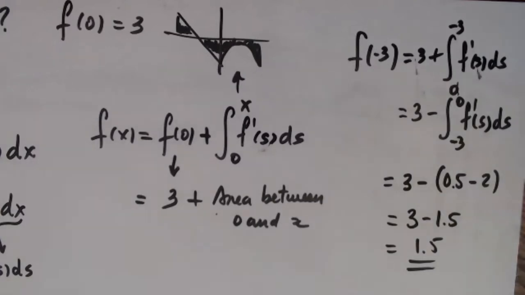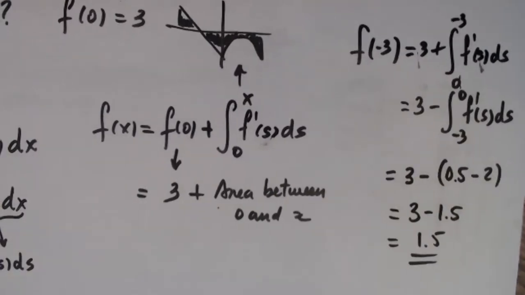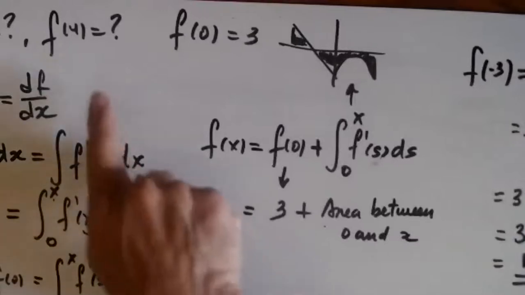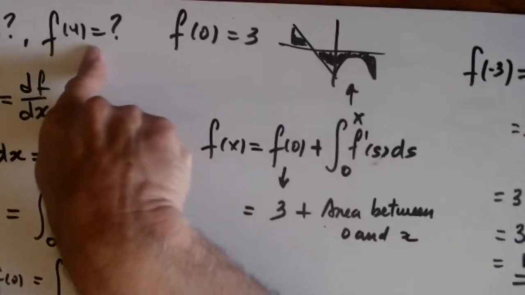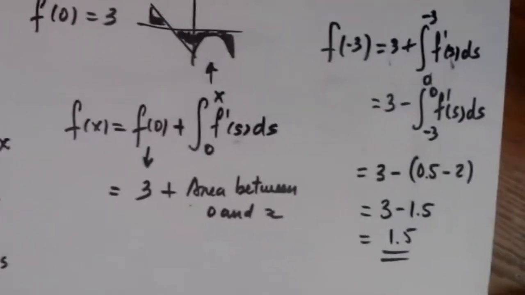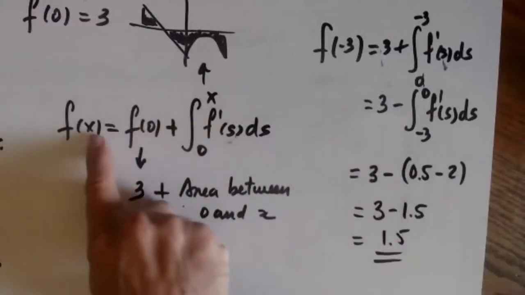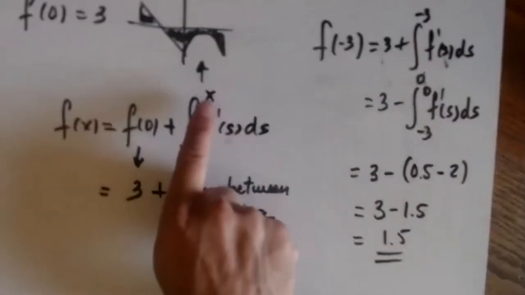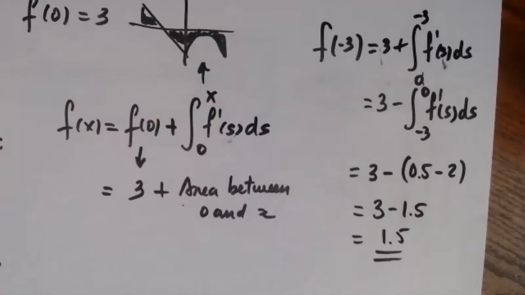Okay. Now you are going to get the value of the function in 4. What is the value of the function in 4? Okay. So I have to put here a 4 and I have to put here a 4. Correct? So I'm going to write that.